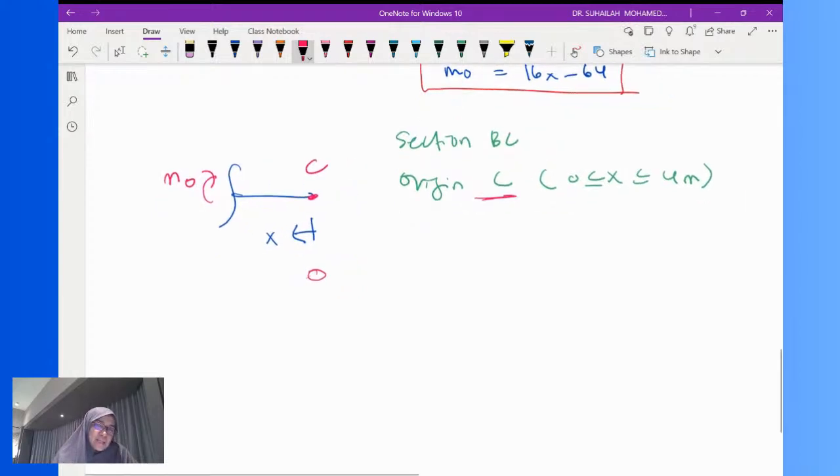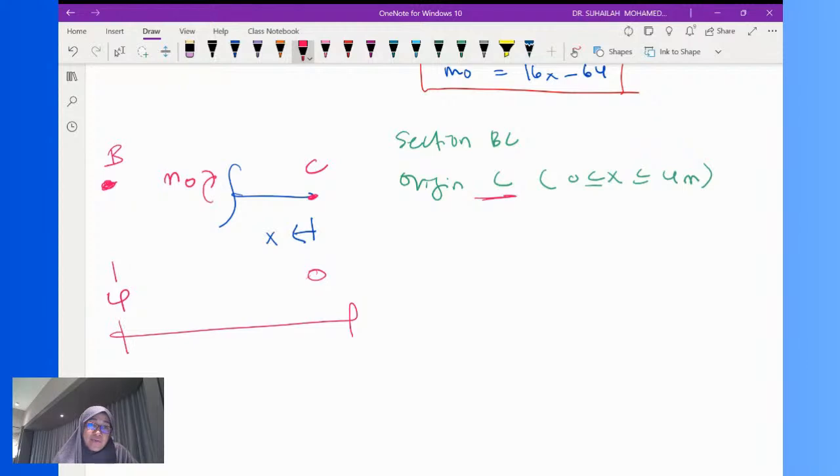And X is going to B, from C to B. This section is from C to B, not B to C, because the origin is C. So C is the 0 position. B is located somewhere here. At B, it is 4.